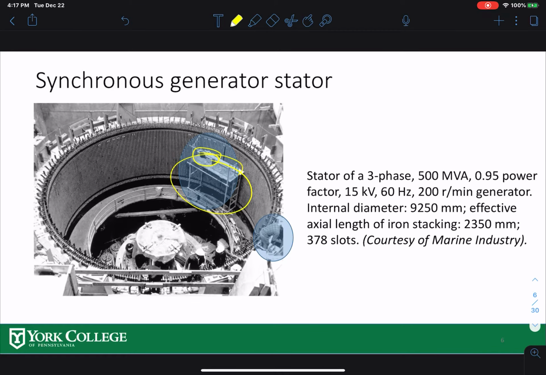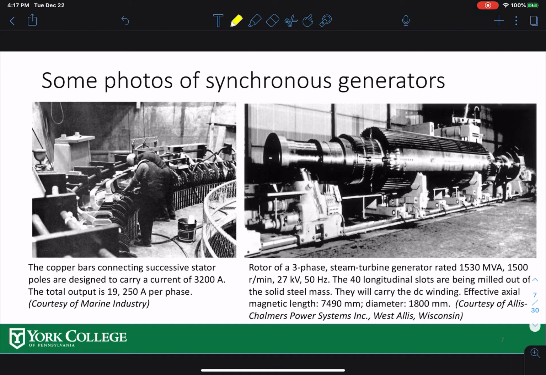This one is basically a 500 megavolt-amp rating machine. And you also see here, this is one of the rotors going into the stator. You can see the big slots over here. These slots are for the current carrying conductors that carry the DC current. That DC current produces flux. Then you rotate them, and the stator gets the time varying flux to produce voltage.